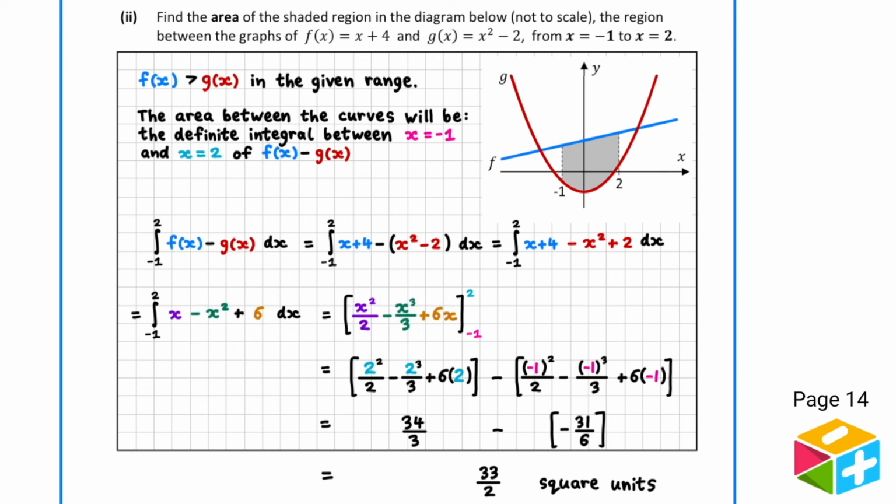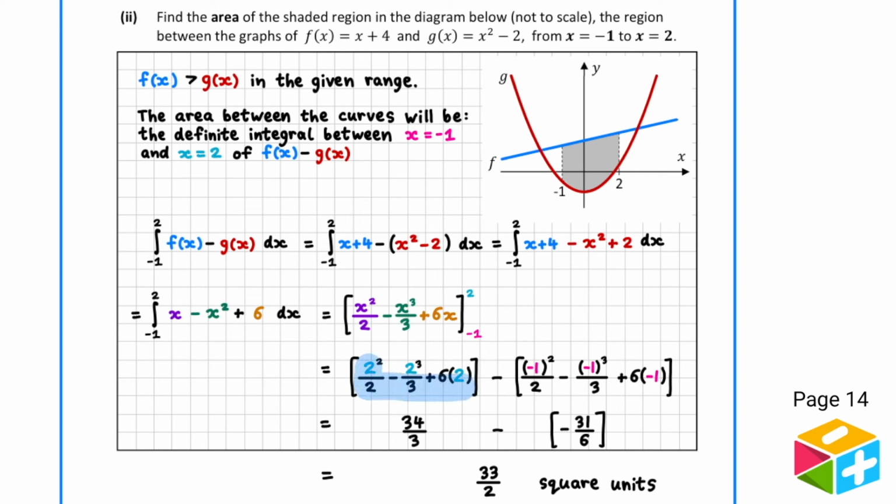We needed to calculate the definite integral from minus 1 to 2. To calculate this, we sub in the upper limit, x equal to 2, and sub in the lower limit, x equal to minus 1, and subtract away the answers. From here, all we have to do is some calculator work.